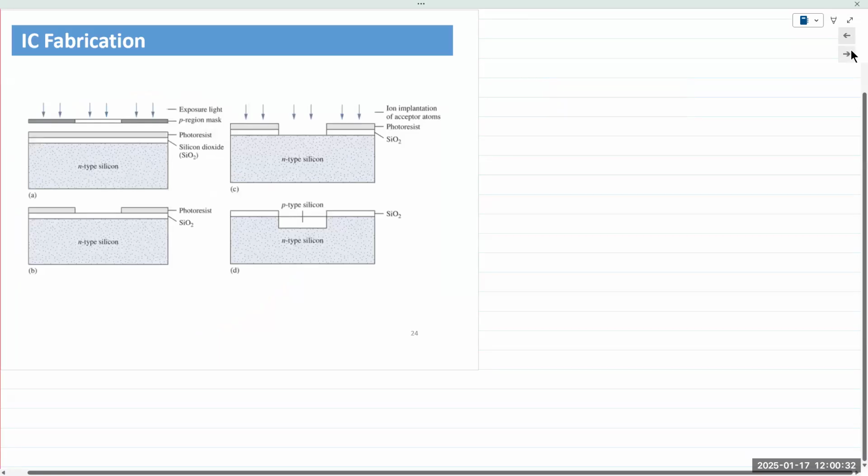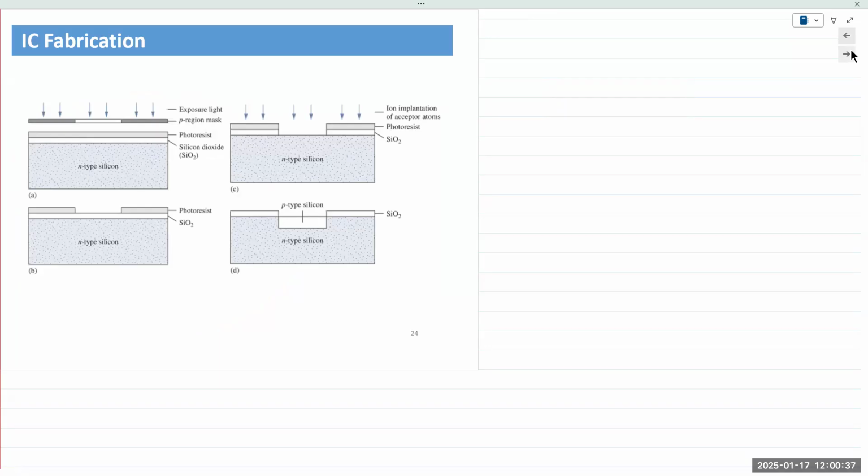The way we fabricate it, looking at the cross section from the side, is we deposit some material and we etch it. If we want to create a wire, then we would deposit a whole bunch of metal on top, and we would etch or pattern that metal.